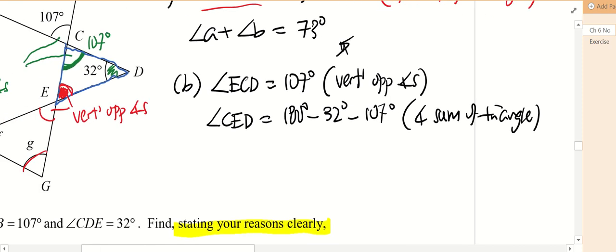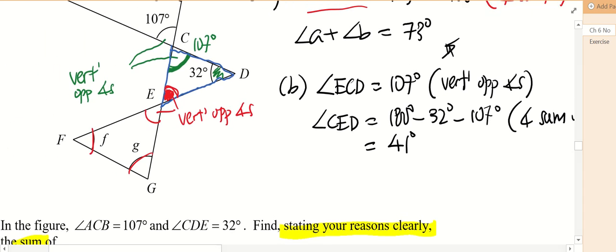Angle sum of triangle. And what value is this? 180 minus 107 is 73. 73 minus 32 is 41 degrees. So we have found that the red color angle here is 41 degrees.